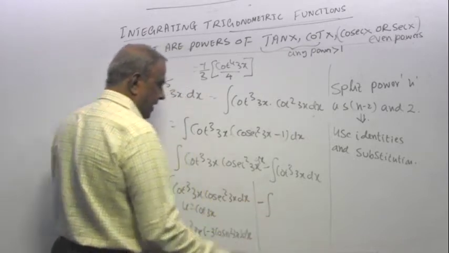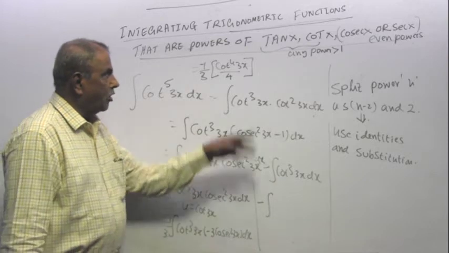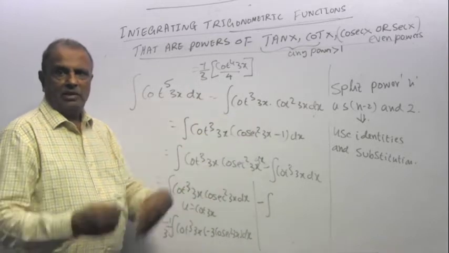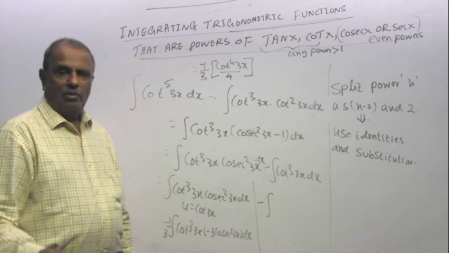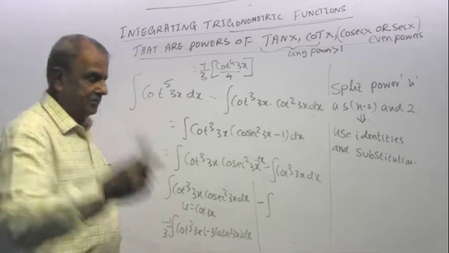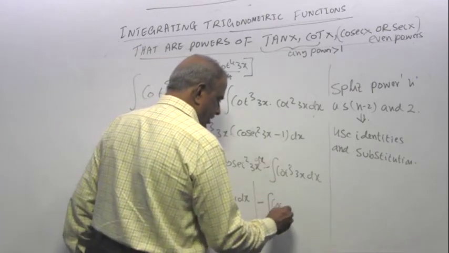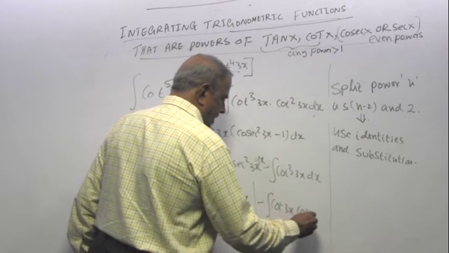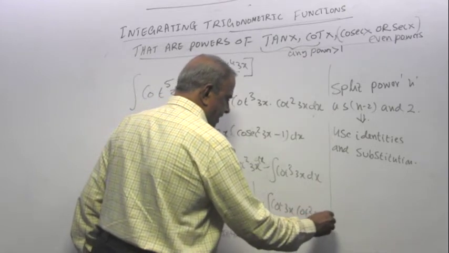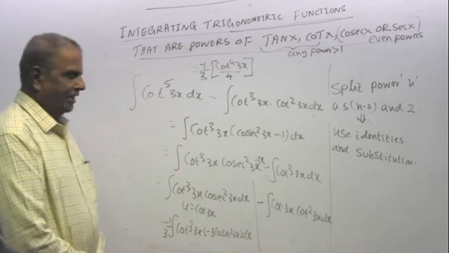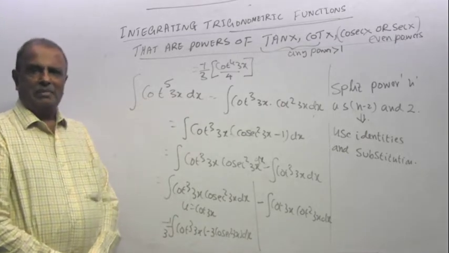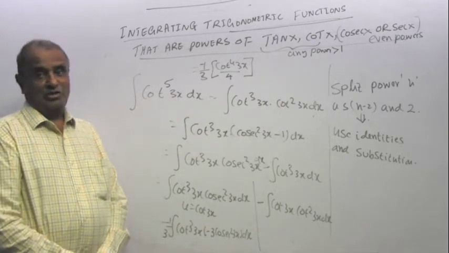Minus, what did I say? The power is more than 1. Write cot cube as power 2 and power 1. So cot 3x, cot squared 3x dx. Repeat the mixture till the patient dies or is cured.